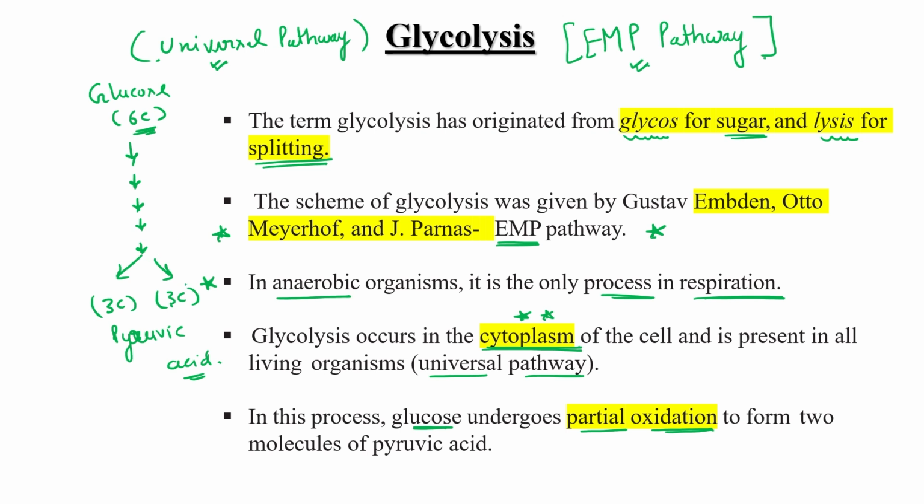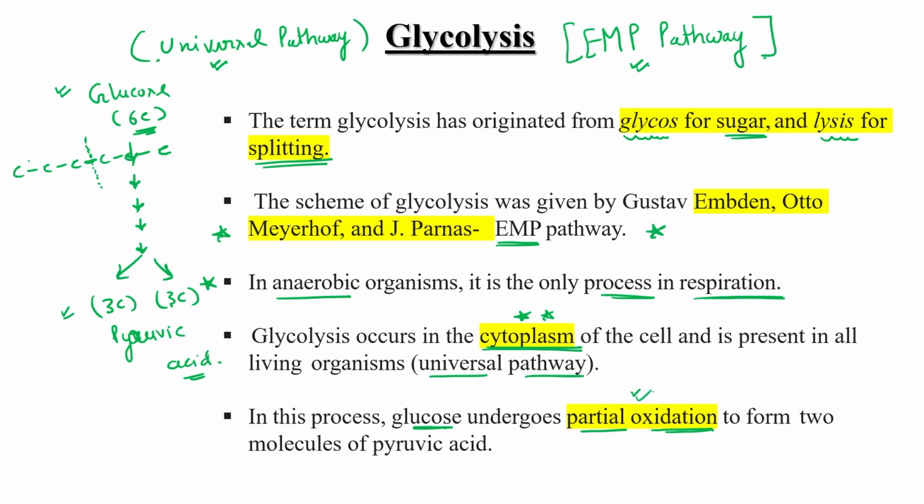So only a single splitting of one molecule of glucose into two molecules occurs, 1 2 3 4 5 6, only one carbon-carbon bond breaks down. That's why we can use the term partial oxidation.